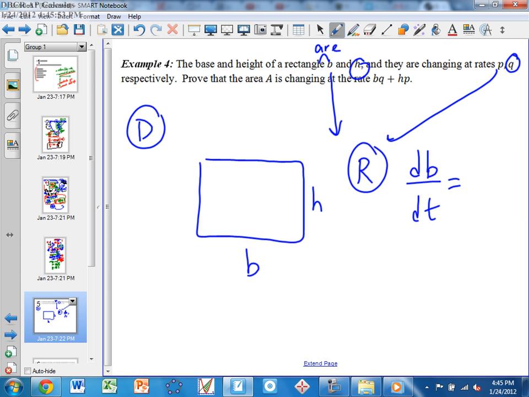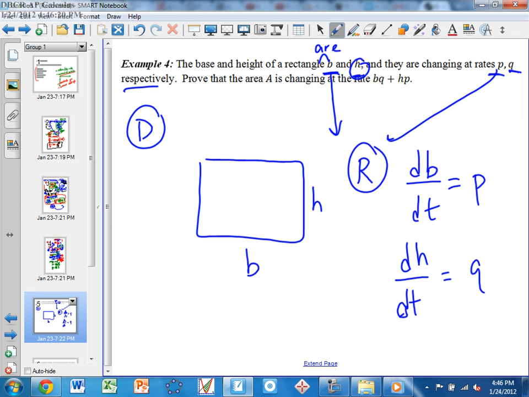It's one or the other, it's not both. There's a comma there, sorry. The rate at which they're changing, the base corresponds to the first one, and the height corresponds to the second one. That's what that word respectively means. That's the hard part there. So the rate at which the base is changing is defined as P, and the rate at which the height is changing is Q.